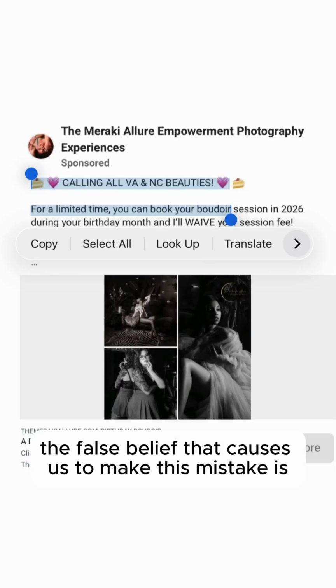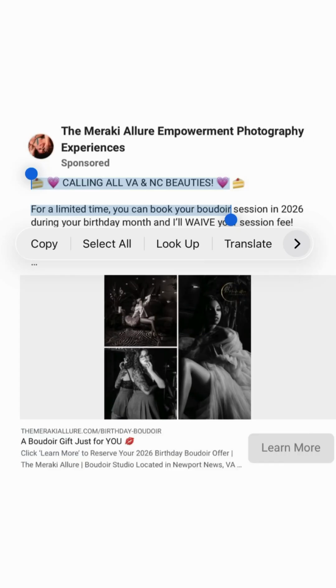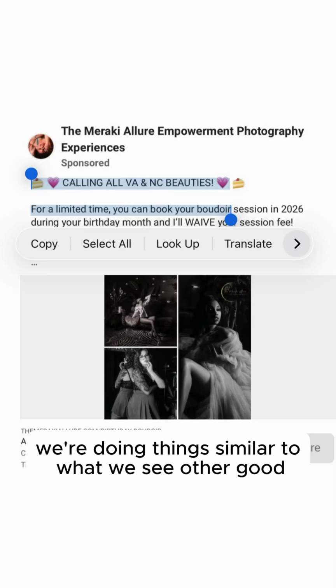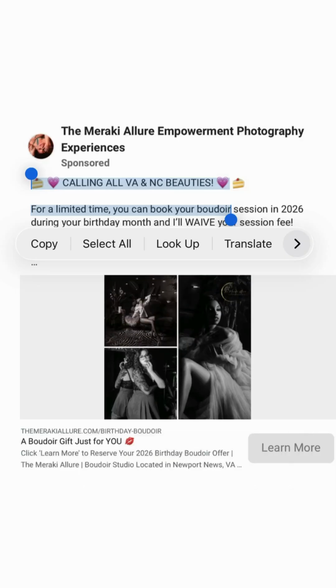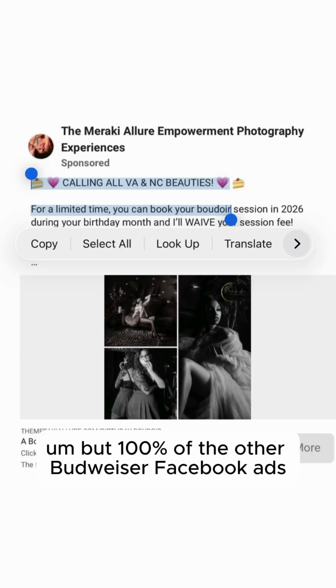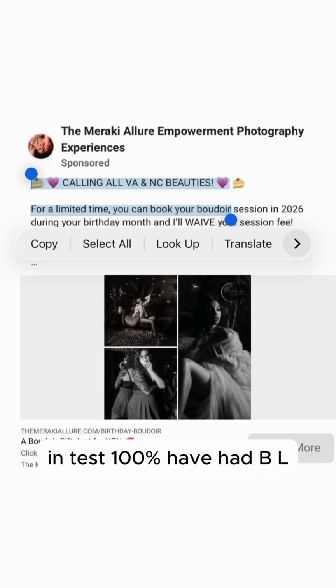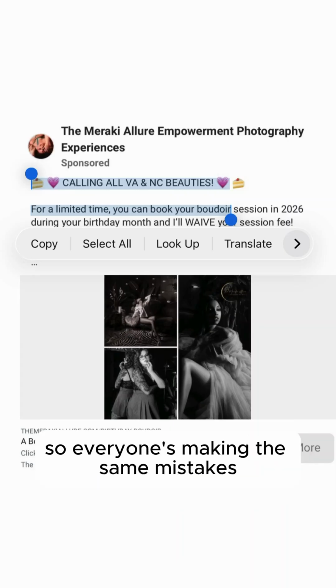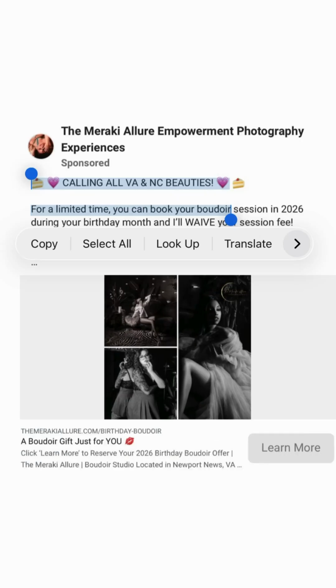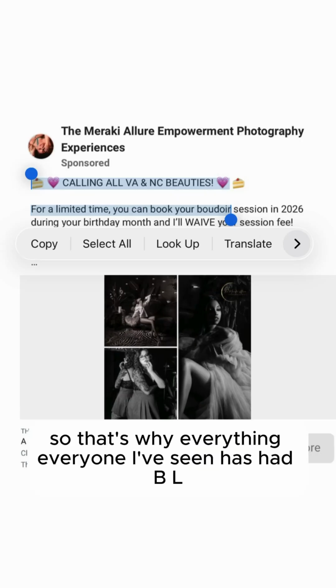The false belief that caused us to make this mistake is we're doing things similar to what we see other boudoir photographers doing. But 100% of the other boudoir Facebook ads I've seen, and seen the back end metrics on, and taken in on my own and tested, 100% have had BLCS, Boudoir low click syndrome. So everyone's making the same mistakes. So that's why everyone I've seen has had BLCS.